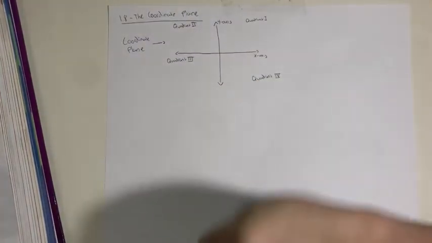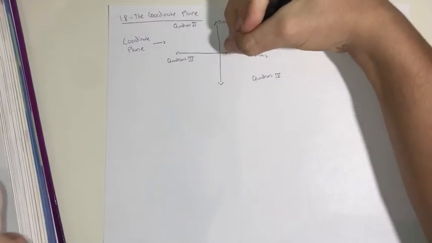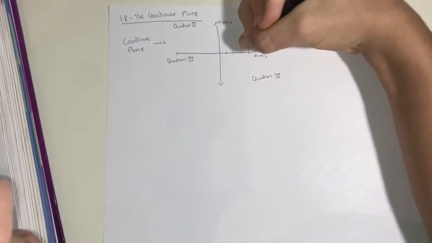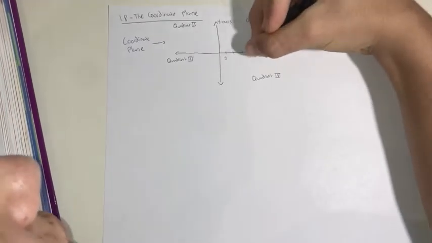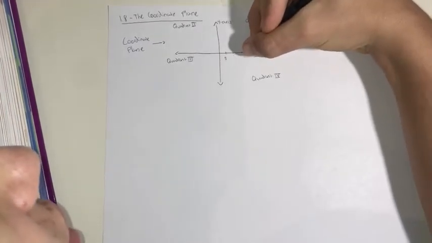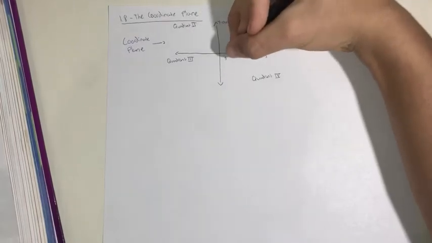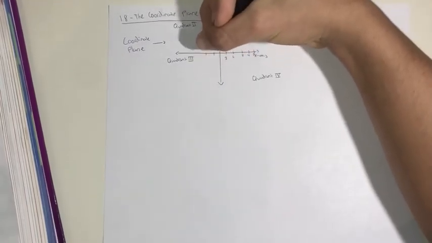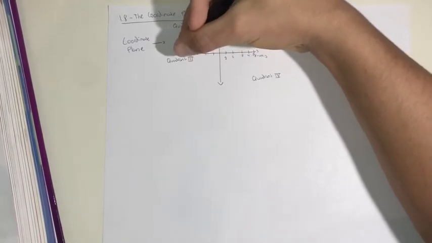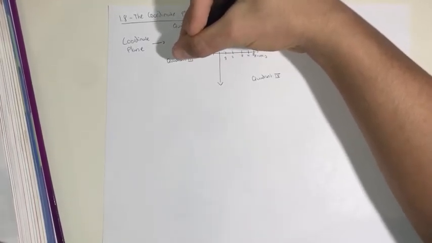So you're gonna have different points. Let's say this is 1, reaching all the way to 5. This is 5 over here. Let's say this is 2, 3, 4, and then you're gonna have -1, -2, -3, -4, -5.